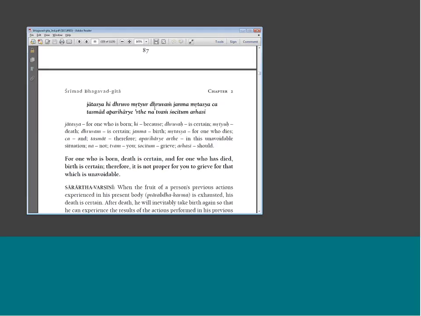So this is an interesting verse which follows on to the previous ones. We talked about dehinosmin yata dehe komaram yauvanam jara, if you recall. Just as the embodied soul goes in this life from childhood to youth to old age, similarly the soul passes on to another body at death.